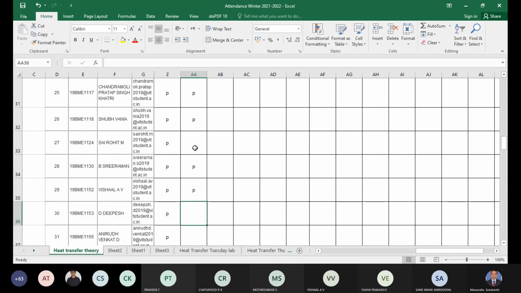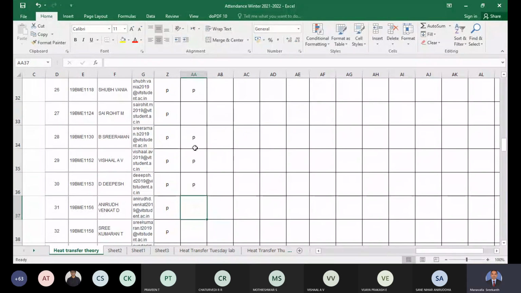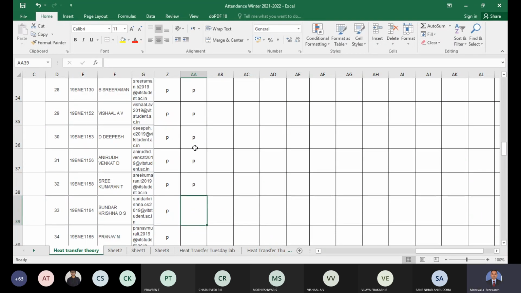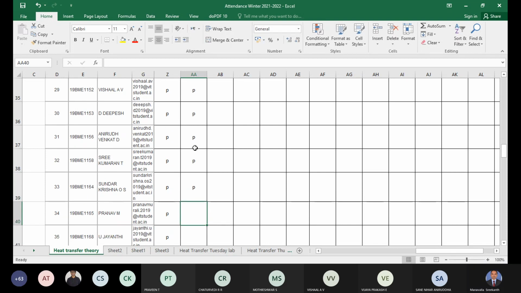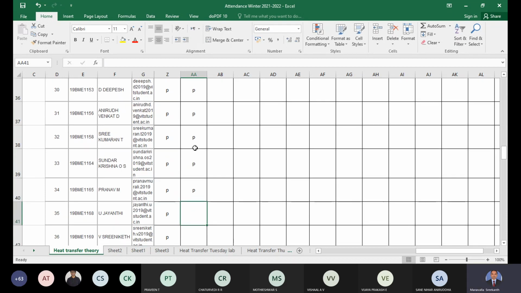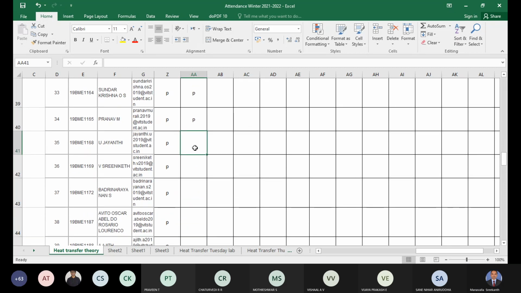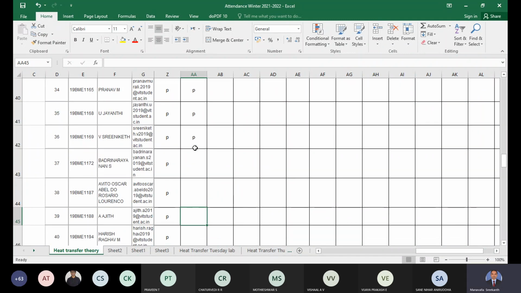Dipesh, present, sir. Kumaran, present, sir. Sundar Krishna, present, sir. Niket, present, sir. Ajit, present, sir.